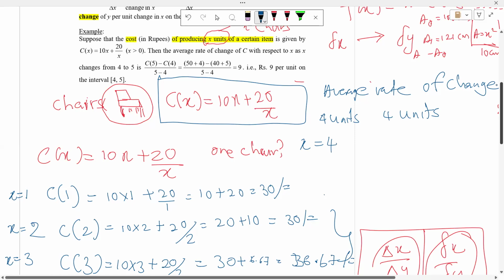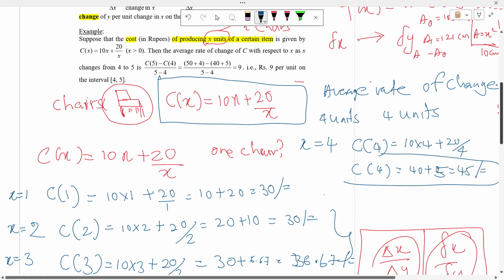So if I put x equal to 4, C of 4 is the cost of manufacturing 4 chairs: 10 into 4 plus 20 over 4. So the cost C4 is 40 plus 5, 45 rupees. 45 rupees is the manufacturing cost for 4 chairs.